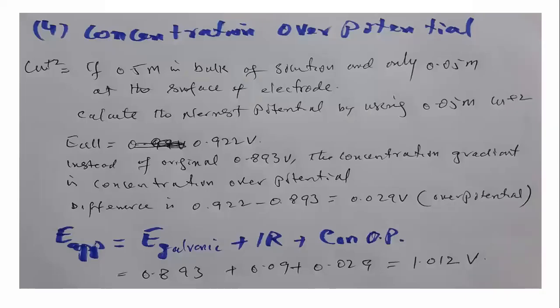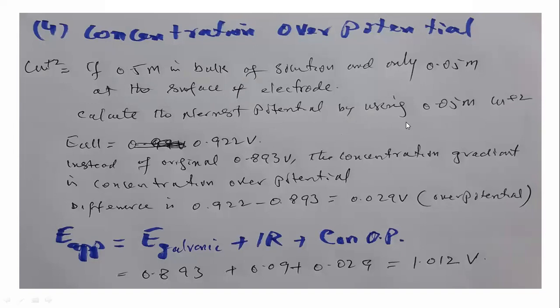So what is the concentration overpotential? Again, this is the difference in the potential at the surface of the electrode and in the bulk of the solution. Let's suppose I give you an example. In the bulk, we have already taken the 0.5 molar concentration. And if it is 0.05 at the surface of the electrode, then what will be the Nernst potential? Again, you must do this at home. I am giving you the value.